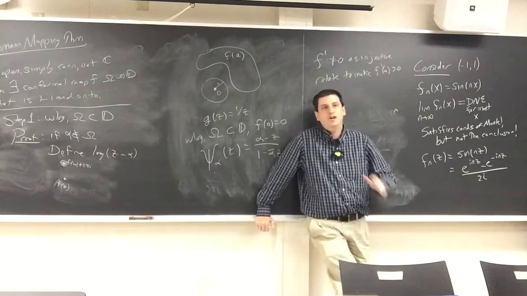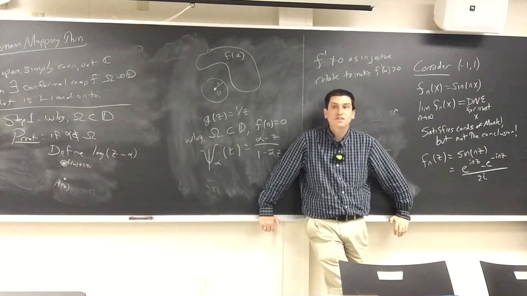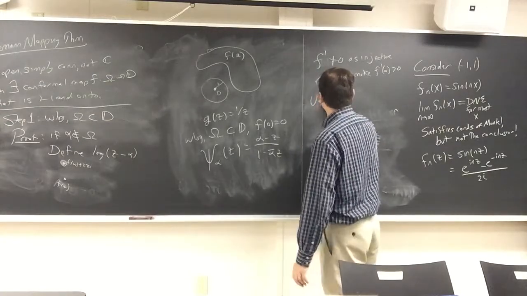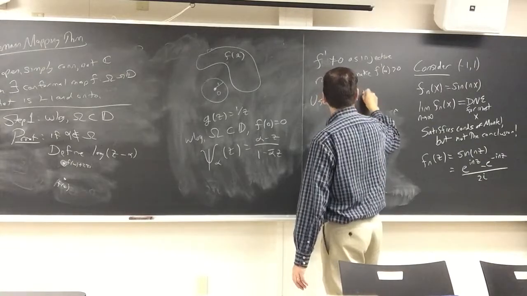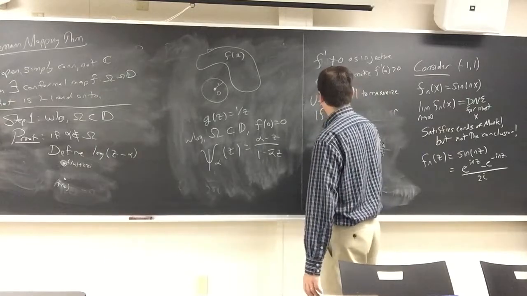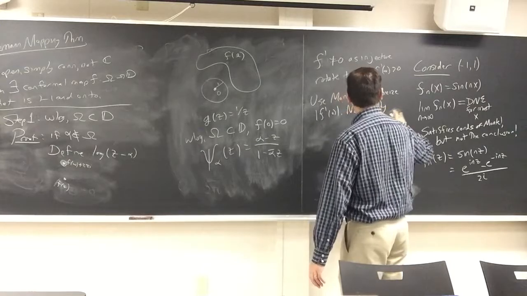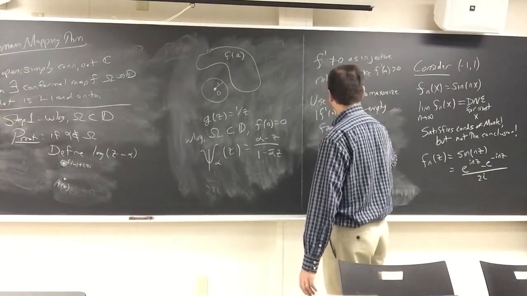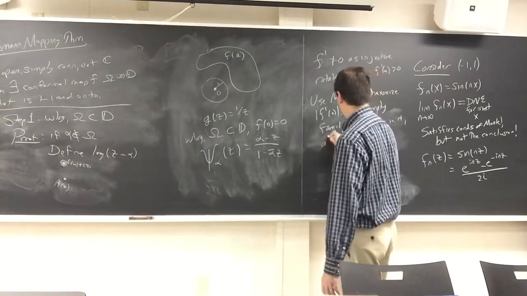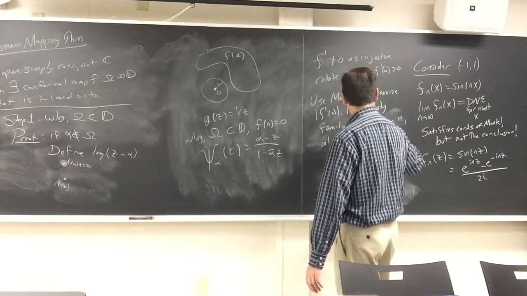And then we say, of all of them, let's look at the one that has the largest possible value for f prime of 0. We know that this family is non-empty. Okay? Use Montel to maximize the absolute value of f prime of 0. Non-empty family as the identity is in it. Also trivially uniformly bounded.